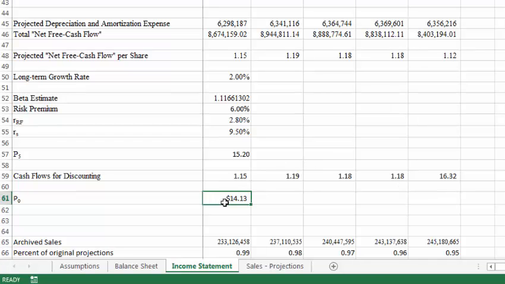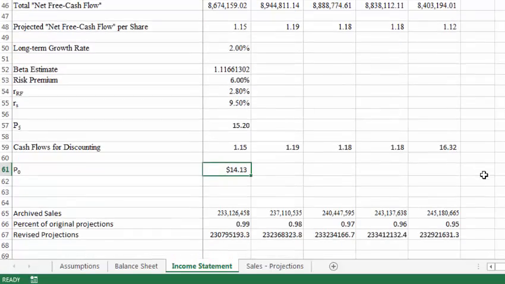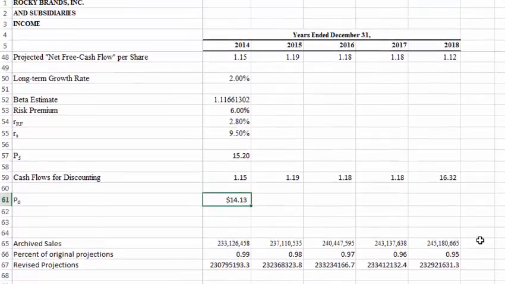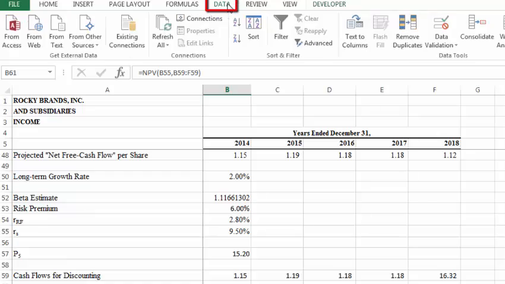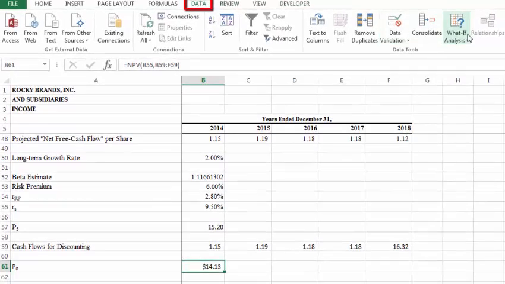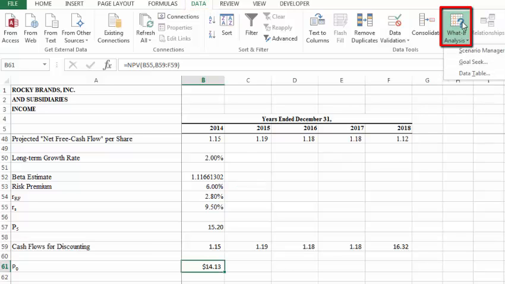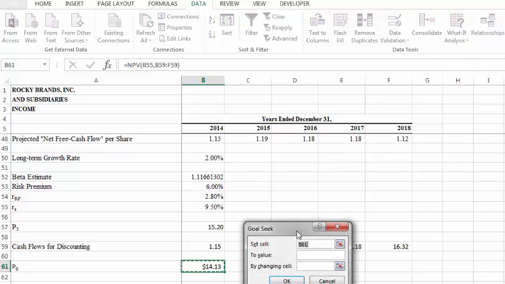And because I'm really, really close, I'm going to do the last thing, which is go up to Data, What If Analysis, Goal Seek, and do the following.